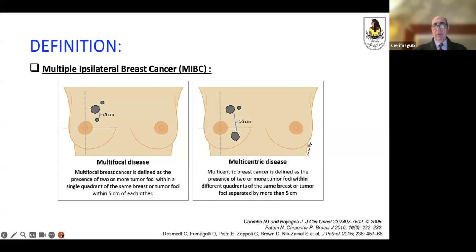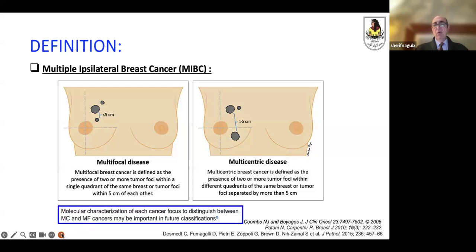But in multicentric breast cancer, the tumors are found in two different quadrants, and the distance between them exceeds 4 or even 5 centimeters. So tumors that are close together in one quadrant are called multifocal. Tumors that are far from each other or widespread all over different quadrants are called multicentric disease.